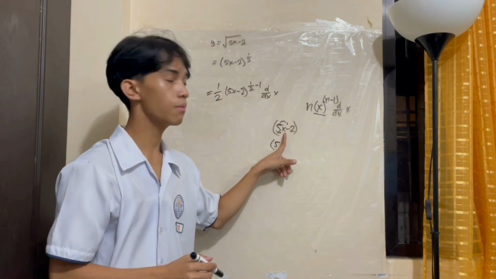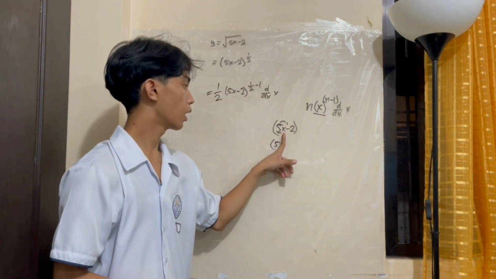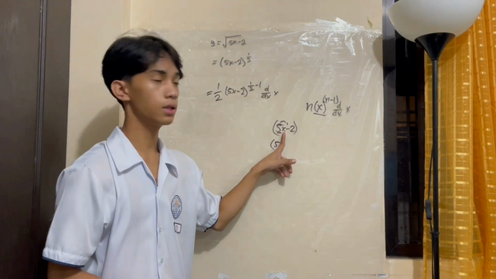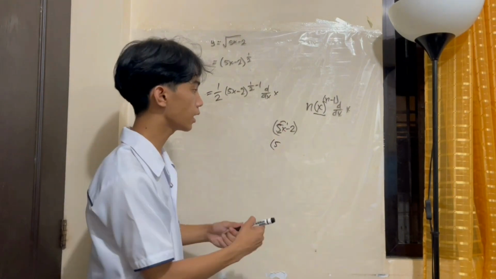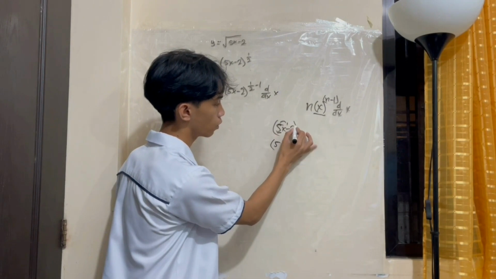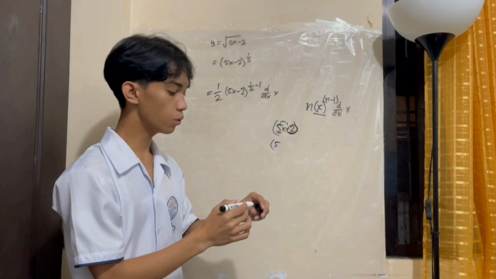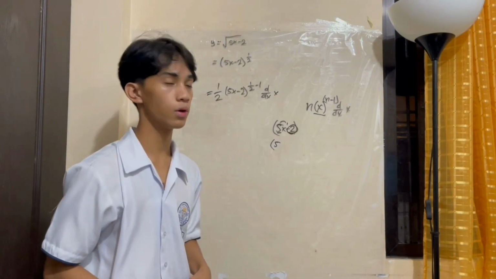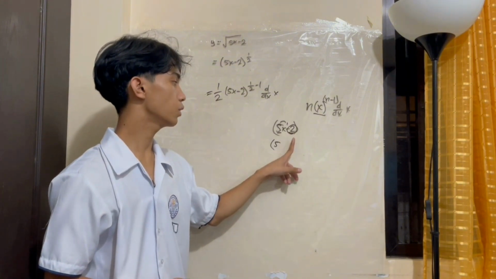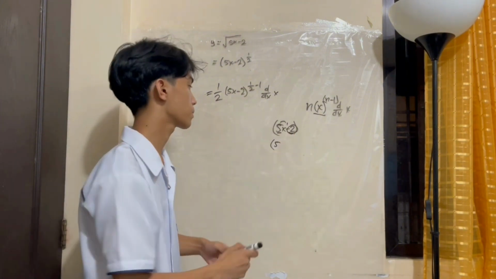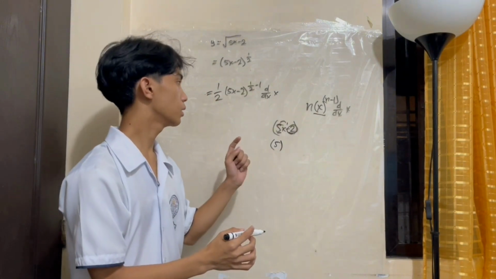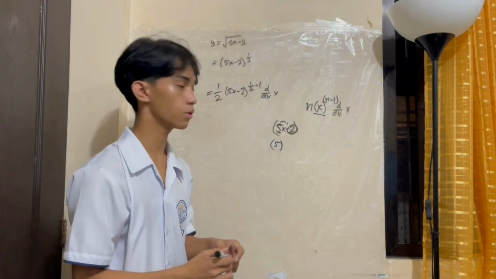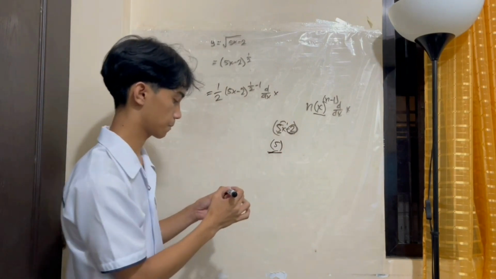But since the variable only had 1, we don't have to include it. The next, 2. Since 2 doesn't have a variable, we also don't have to include it. So the derivative of 5x minus 2 is 5.